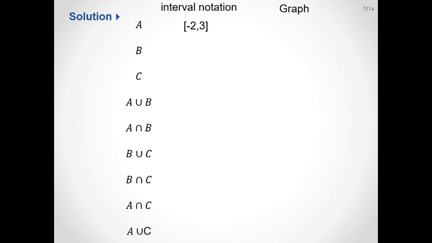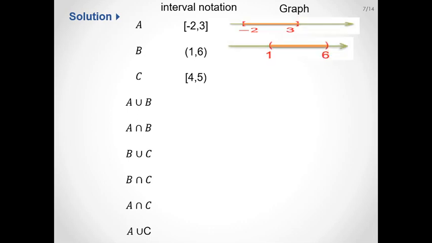Here are the sets, the intervals A, B, C, and we want to find their intersections and unions. Here are the interval notation of them and the graphs of them.